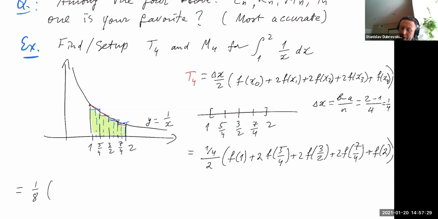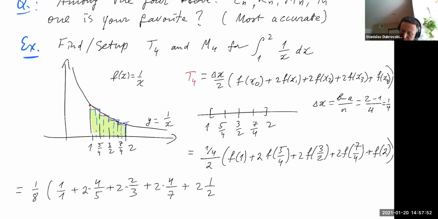Since f is 1 over x, every time we have to do the reciprocal. 1 over 1, plus twice 1 over 5/4 is 4/5, plus twice 2/3, plus twice 4/7, plus twice 1/2. So we'll have something like that: 1/8 times 1, plus 8/5, plus 4/3, plus 8/7, plus 1.